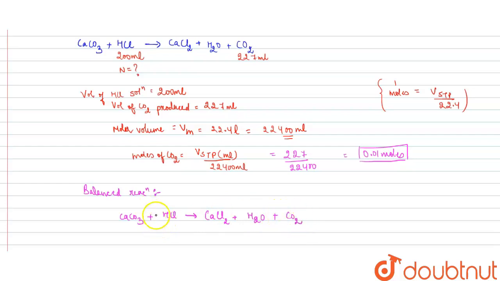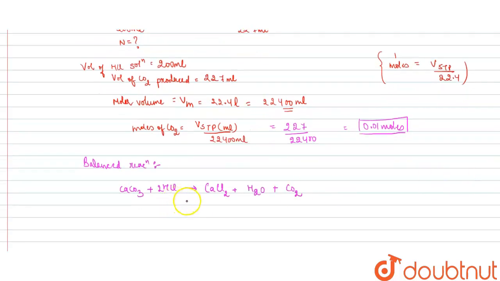In order to balance this, we just need to put a coefficient 2 before HCl. Now this equation has become perfectly balanced. From this we can see that if 2 moles of HCl are reacting with calcium carbonate, it produces 1 mole of CO2.